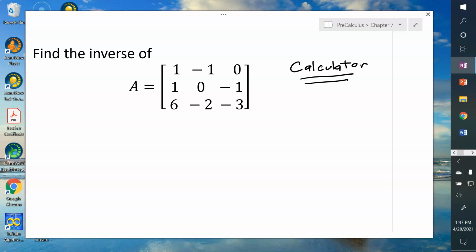Put in a 1, and then a -1, and then a 0. Put in 1, 0, -1. Put in 6, -2, -3. Now invert that one. So on your calculator, you're going to call up matrix A and then hit that inverse button, and we'll see what we get. So second matrix.